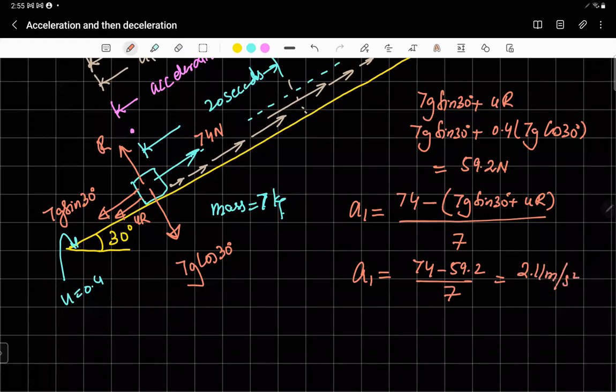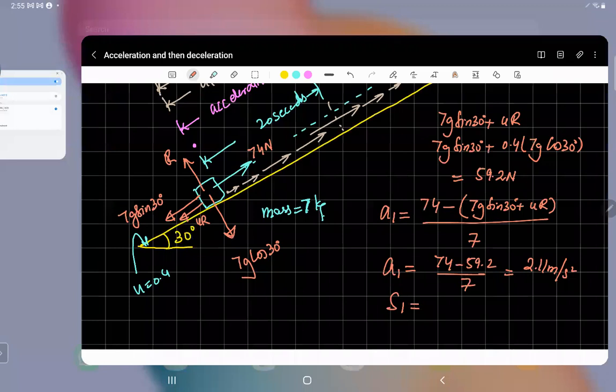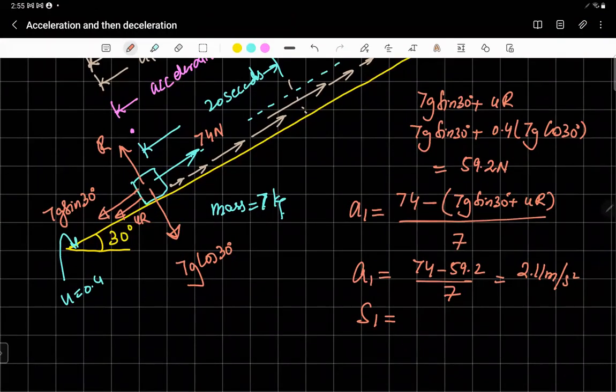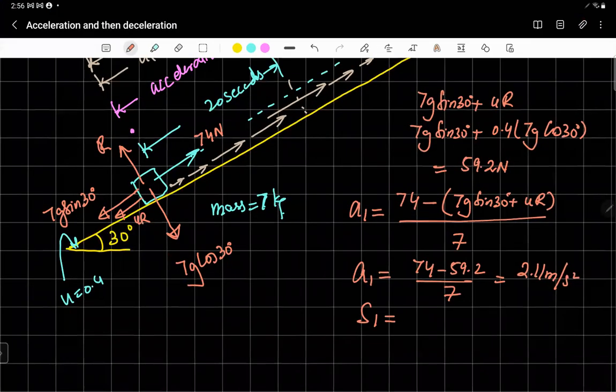Now calculate the distance S1 using all the formulas that you know. What is the value of S1? You can use (U plus V) over 2 into time. You can even use UT plus half AT square.